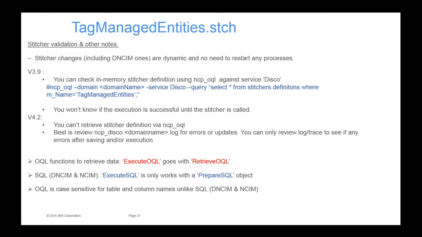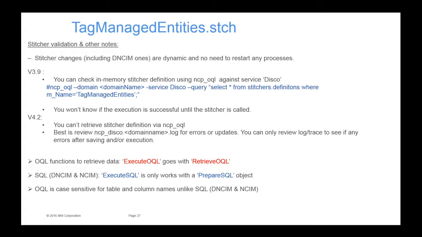In 4.2, we removed that piece. You can't query stitcher definitions via OQL anymore. The best way is to look at the discovery log to see any errors or updates. While you're executing the stitcher, if there are any errors, they should be thrown into the trace and logs of the discovery.